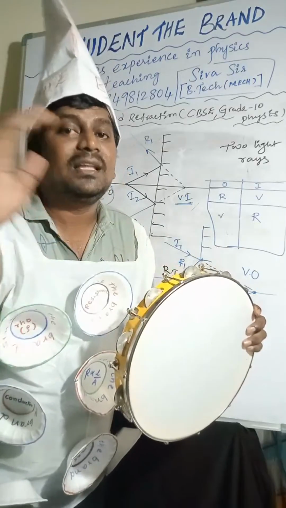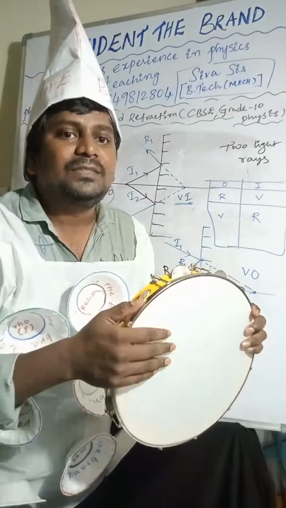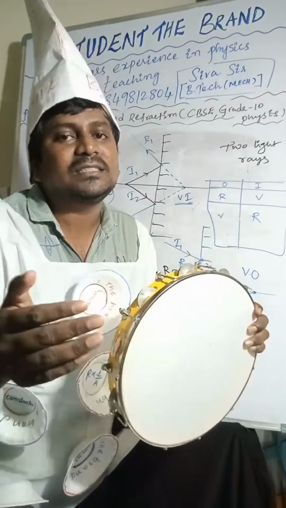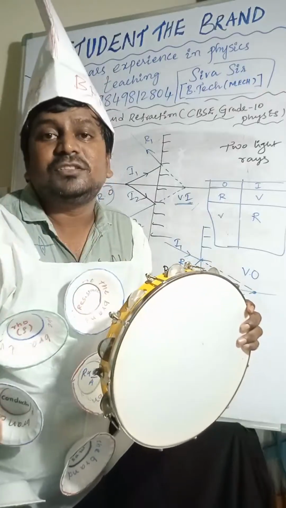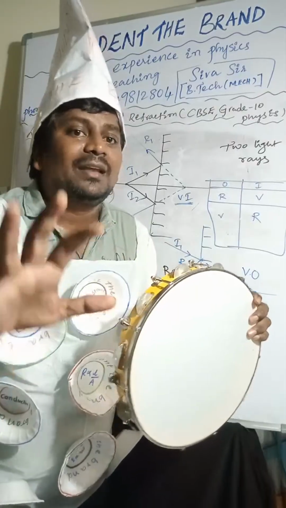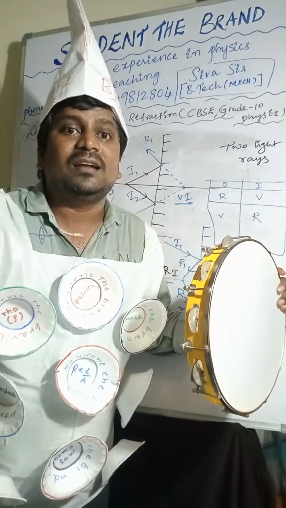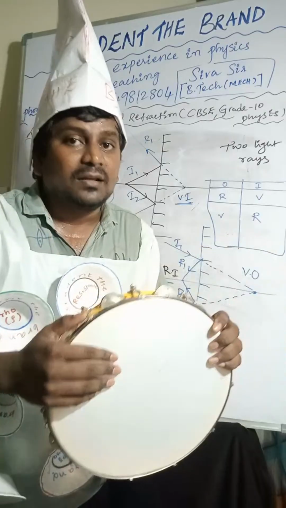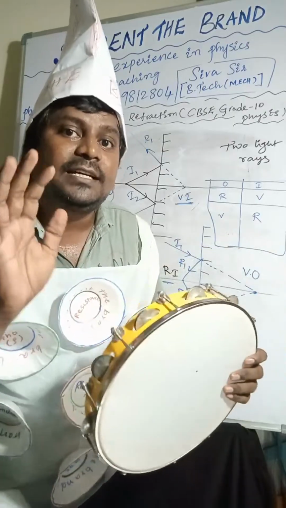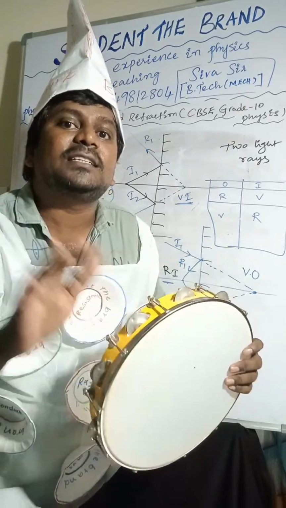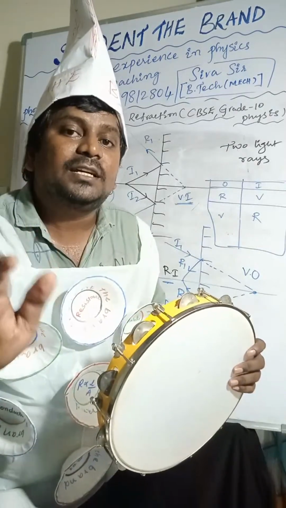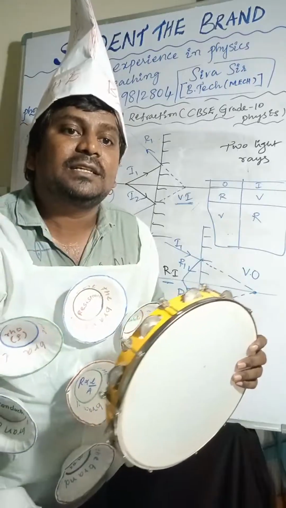Now are you understanding or not? So the point is, object is real, image is virtual; object is virtual, image is real.